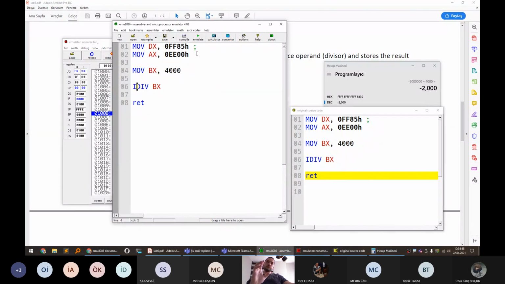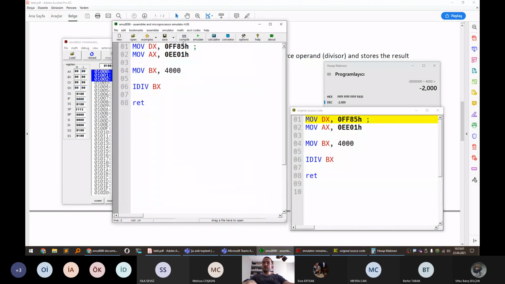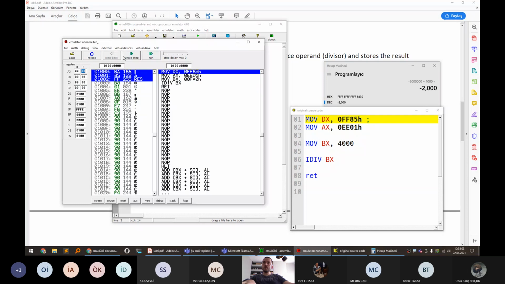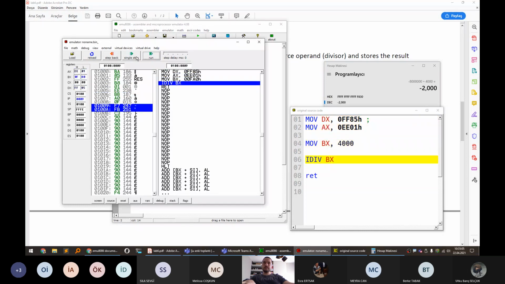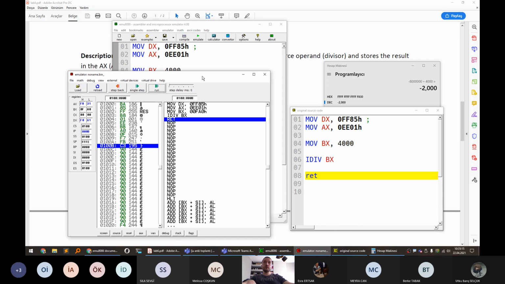Okay, now if you increase by 1, for example, this is 8,000,001, and I want to see this remainder 1 in DX. Oops. The result is F831.